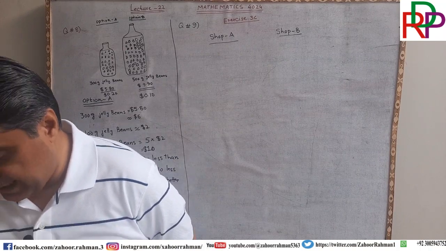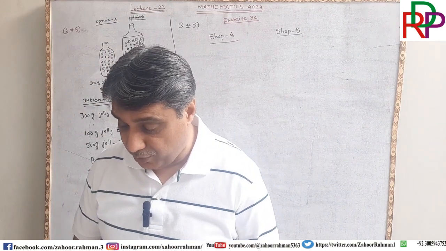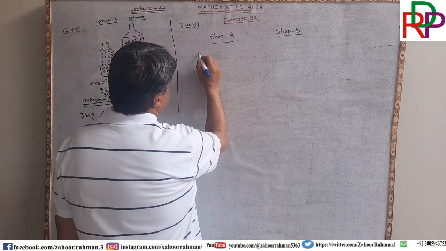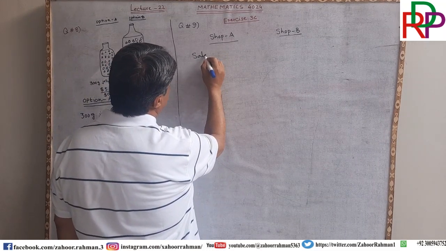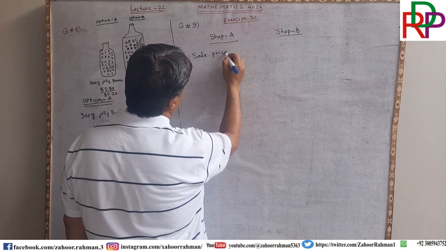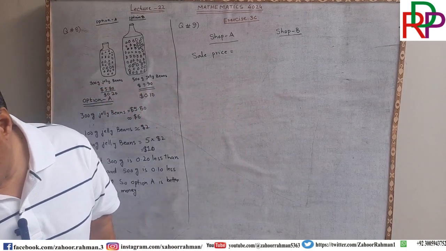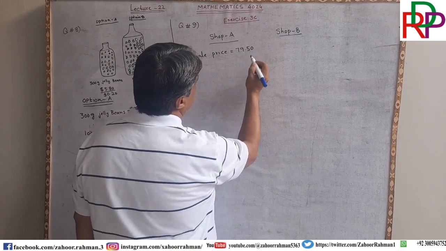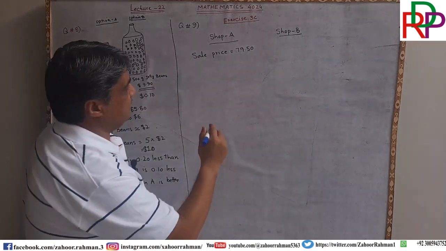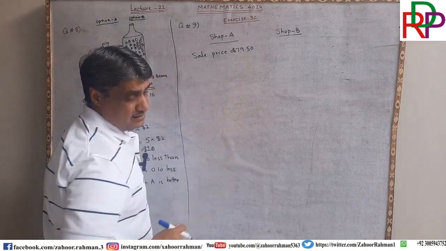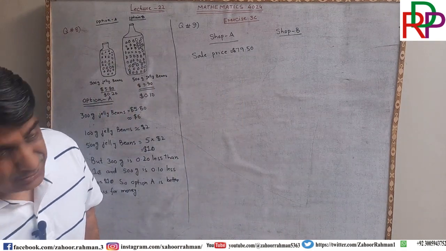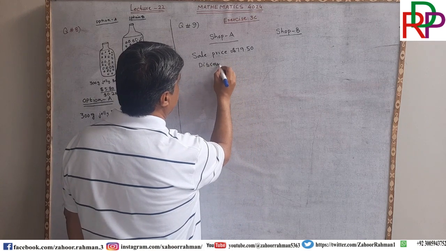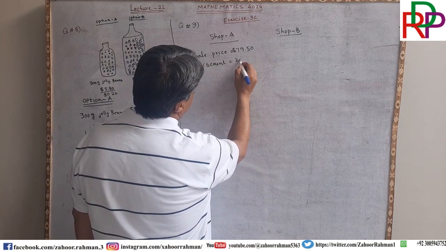Shop A sells a dress for 79.50. Sale price of shop A is equal to 79.50 with a 20% discount. Here the discount is 20%.